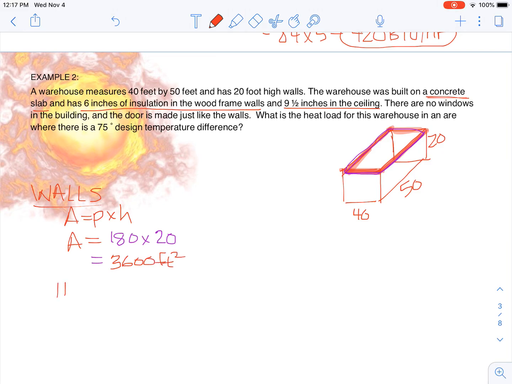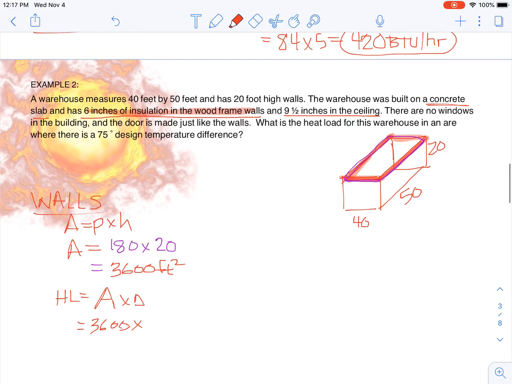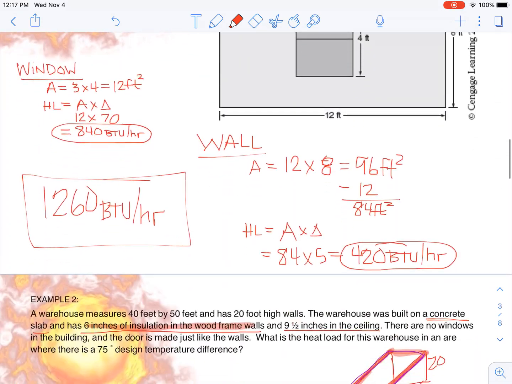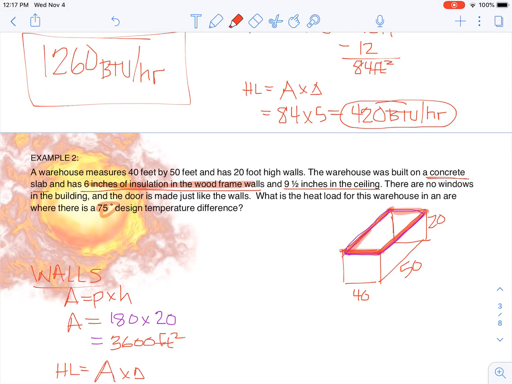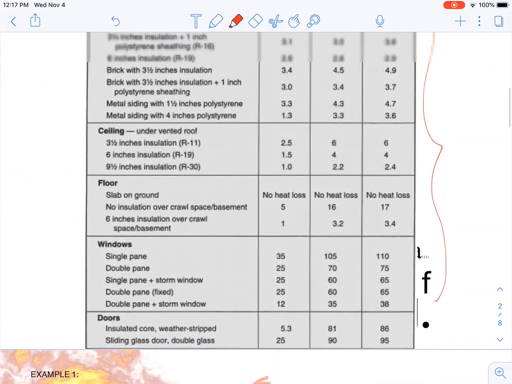Now to do the heat load for the walls, we take our area and we multiply it by our coefficient of change. Our area is 3,600 square feet, it's a big building. And for the walls, it is 6 inches of insulation in the wood frame at a 75-degree temperature difference.